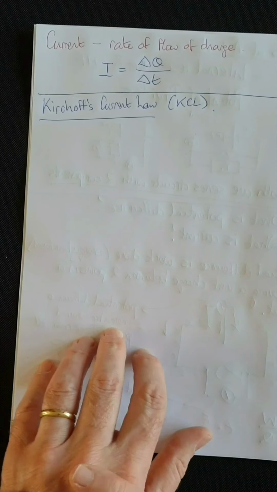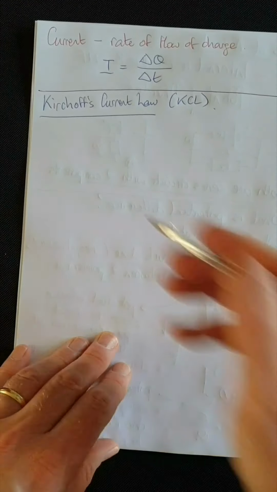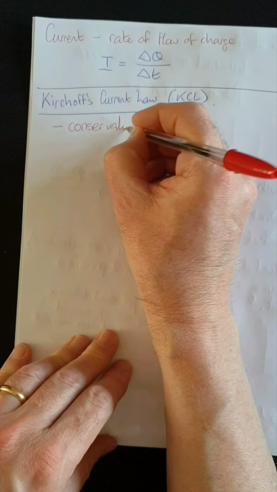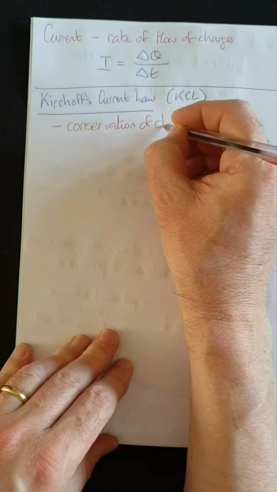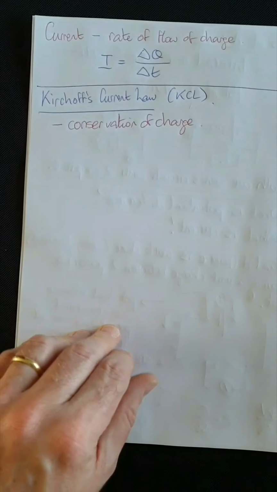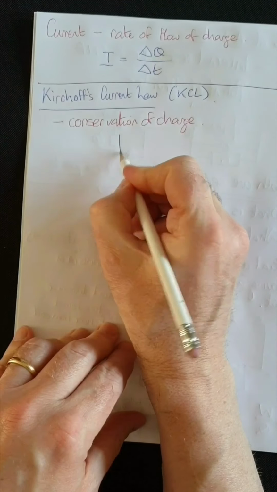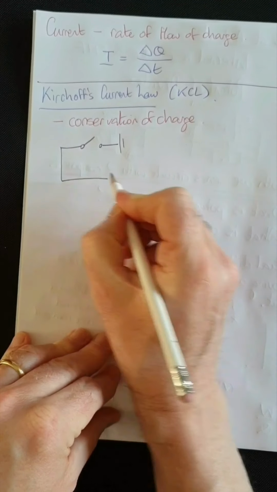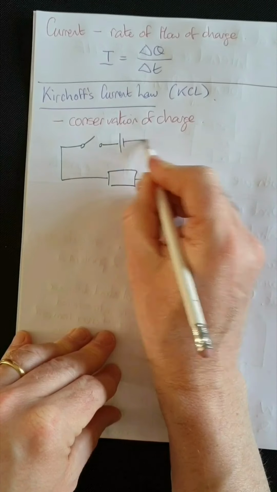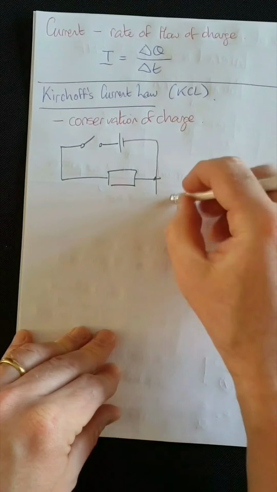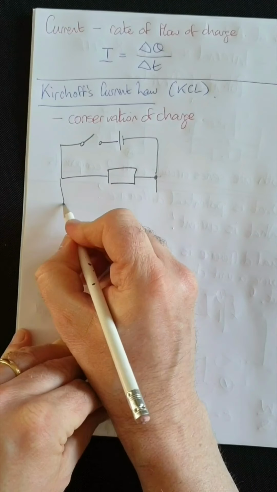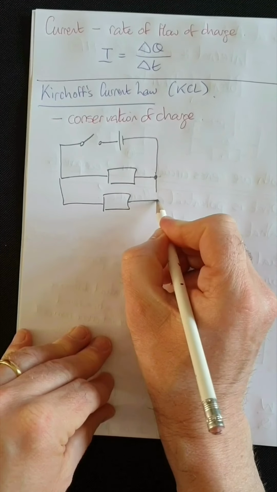And Kirchhoff's current law is based very simply on the idea of conservation of charge. So if you imagine inside a circuit, I'm going to show it as a simple parallel circuit with two resistors.